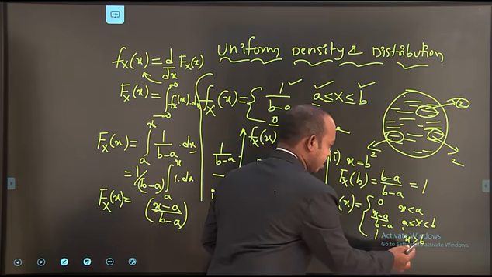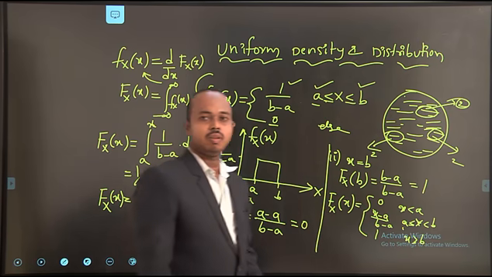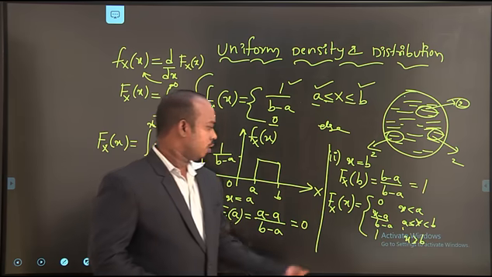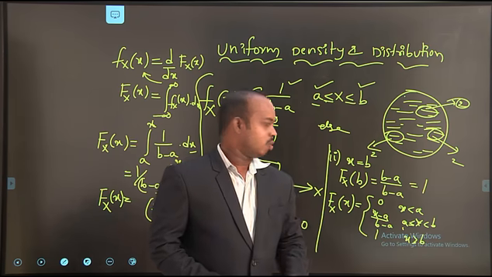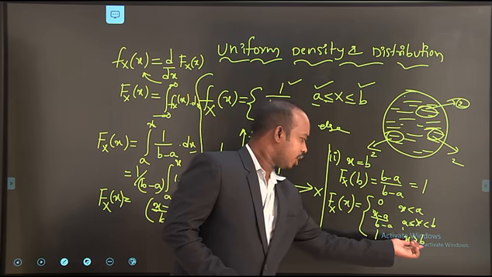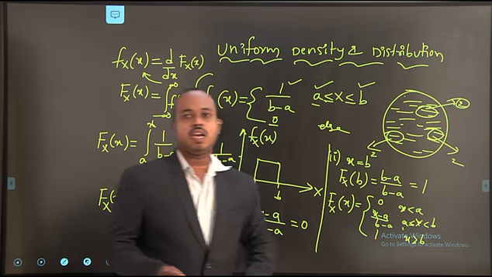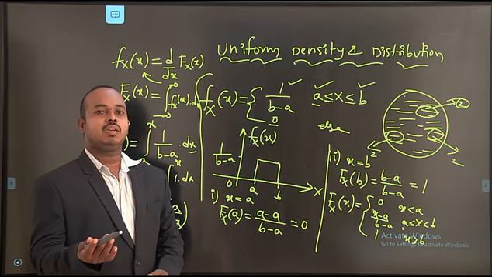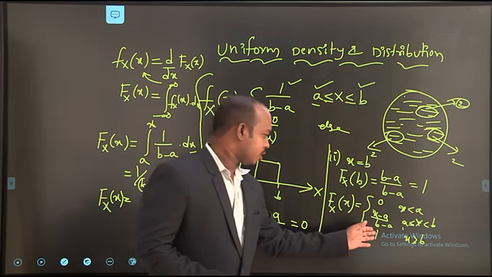Suppose you take greater than or equal to, the quantity is 1. The value at b and more than b is represented like this.